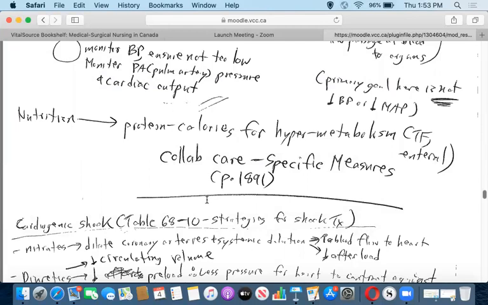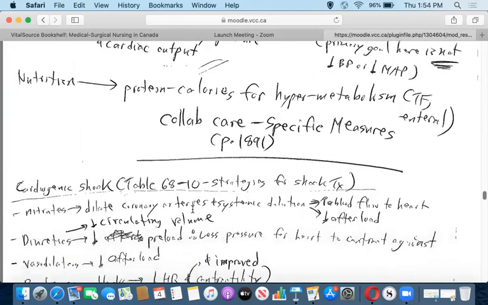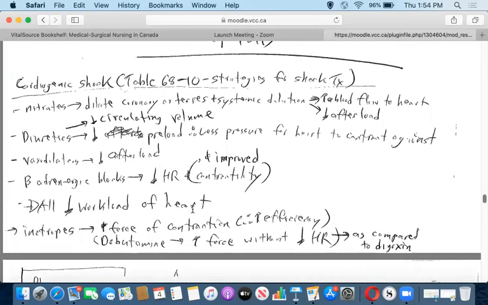Okay, then specifically some meds for cardiogenic shock, and these should just be a real review here. You know what nitrates do. We've talked about nitroglycerin and how it lowers blood pressure. Diuretics, you know how those work to lower. Vasodilators, we already talked about. You know what beta blockers do in terms of decreasing heart rate and decreasing blood pressure. What do these all have in common?